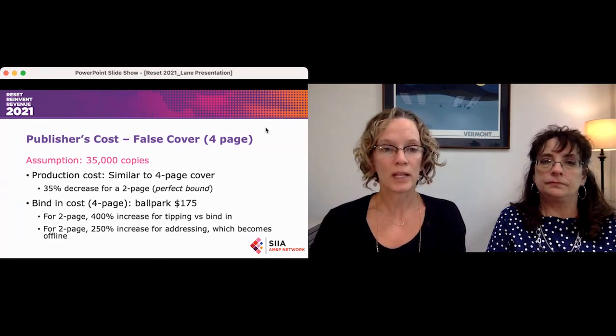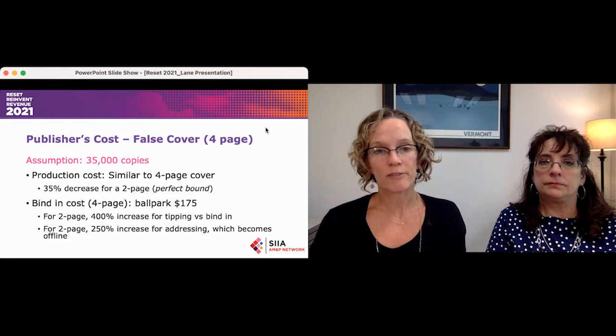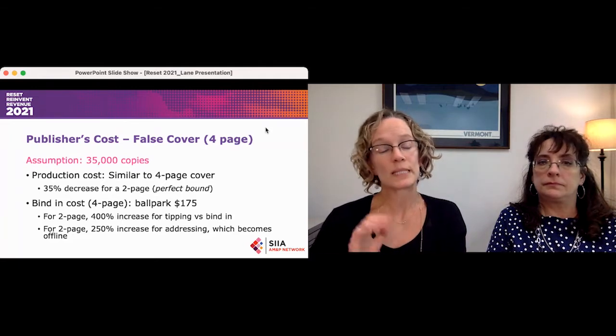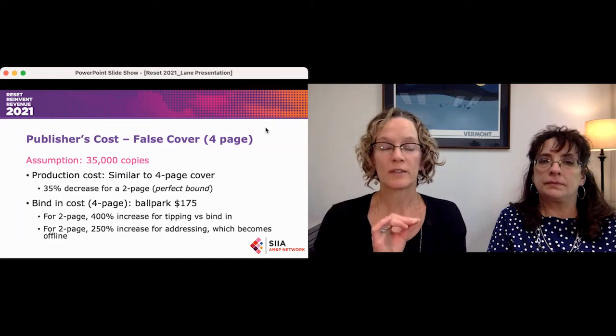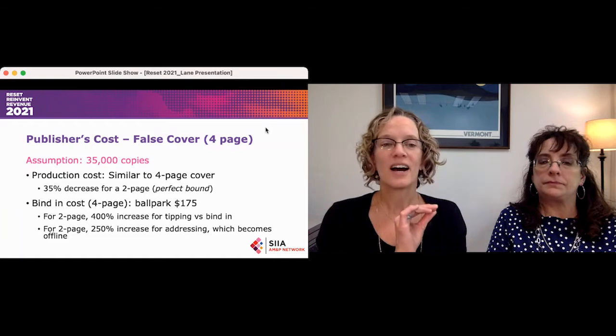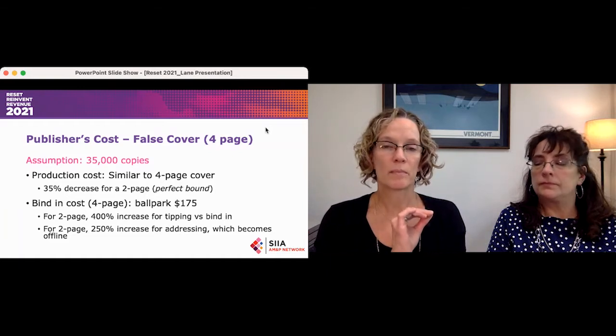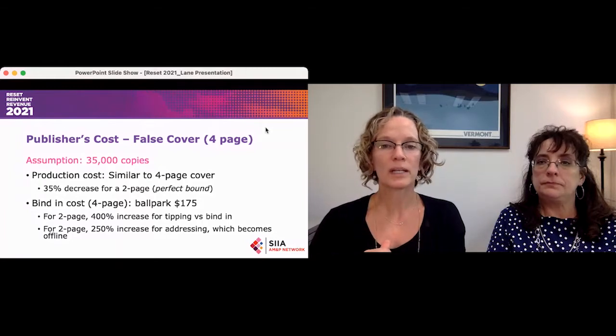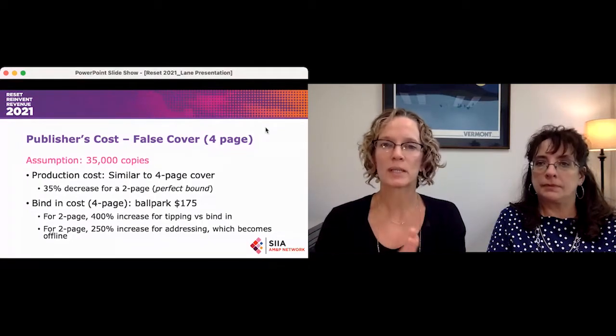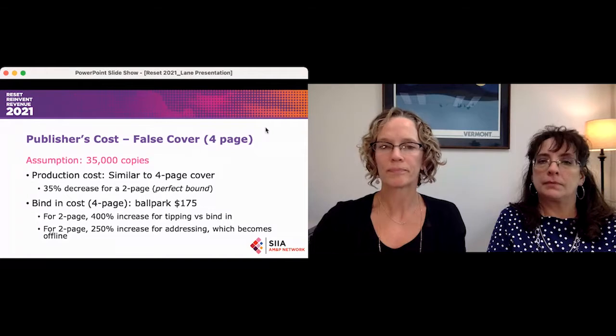For a 2-page, that would increase by 400% because you would have to tip it versus binding it. And 250% to increase for ad addressing, which again becomes an offline process. Now, again, I'm going to move along pretty quickly, but if you guys have questions about pricing, we can get to that in the Q&A.